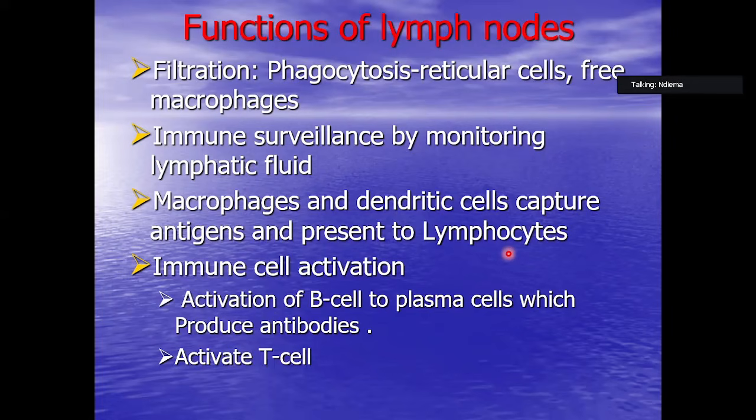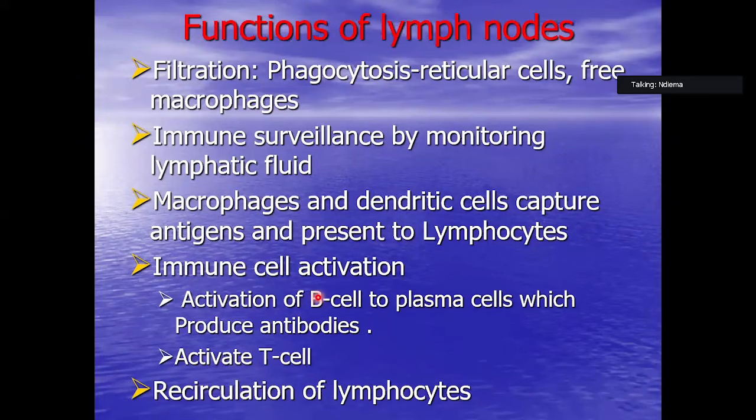It's also a site for immune cell activation, activation of the B lymphocytes into plasma cells, which produce antibodies, and also activation of the T cells. We have areas that we refer to as the thymus dependent zone, which contain T cells. And very important, recirculation of lymphocytes.